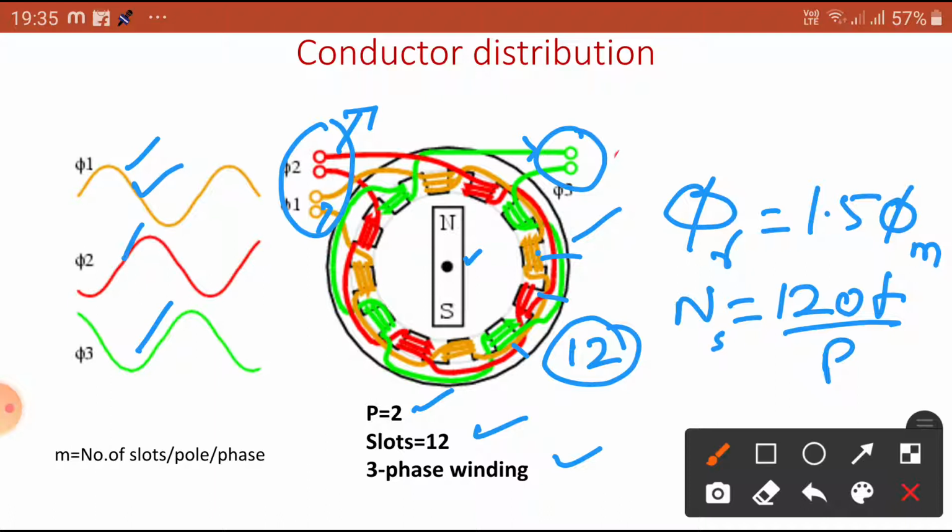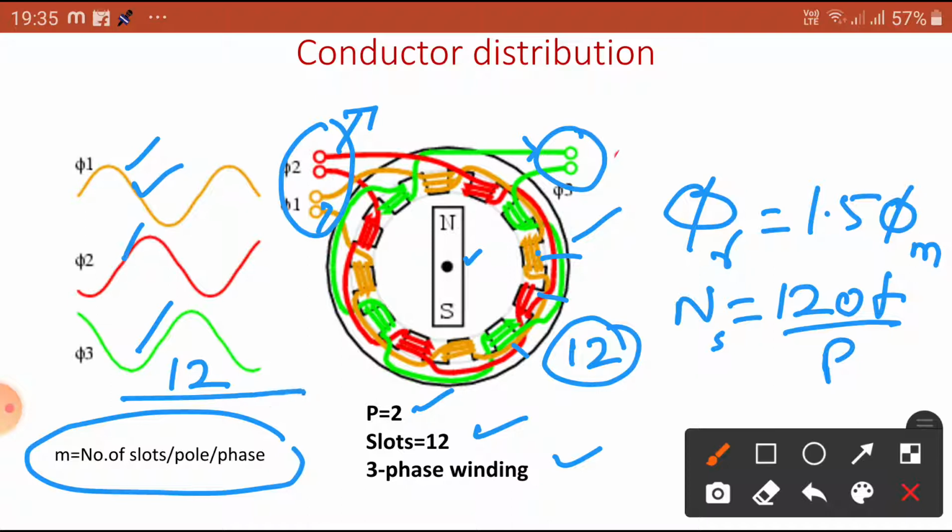Now at the same time the slots are also divided based on the number of poles. This is very important, dear students. Here m is the number of slots per pole per phase. The total number of slots is 12 here, divided by the number of poles, 2 poles, and phases, 3 phases, which gives 2 slots per pole per phase.